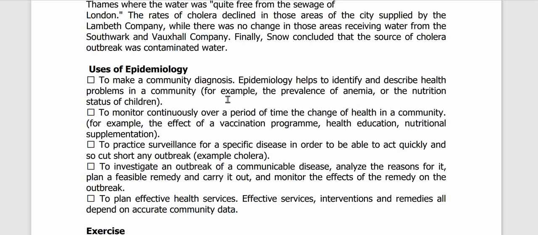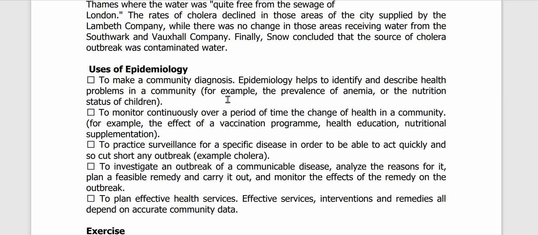Number two, we use epidemiology to monitor continuously over a period of time the change of health in a community. For example, the effect of a vaccination program and the benefits of health education and nutritional supplementation. Epidemiology can play that important role. Number three, epidemiology can help to practice surveillance for a specific disease in order to act quickly and cut short any outbreak, for example, cholera.